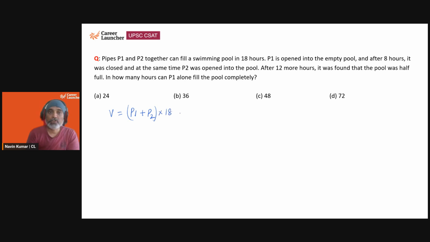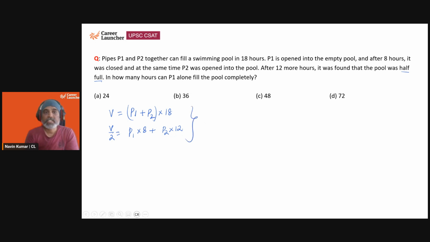Now the same volume, not the same volume, actually half of the volume, right? It was half full. So we can say that half of the volume is also getting filled when P1 is opened for 8 hours alone, and then it was closed, and when P2 was opened, it worked for 12 hours.